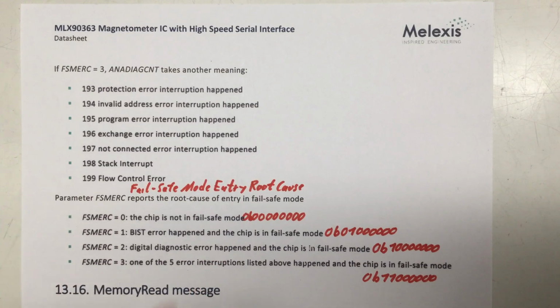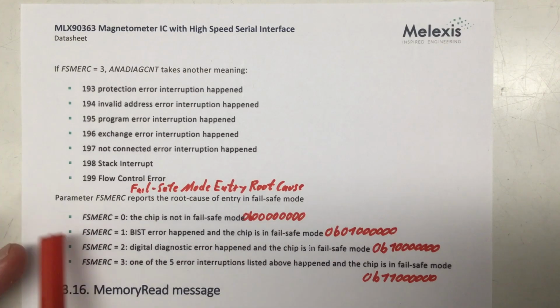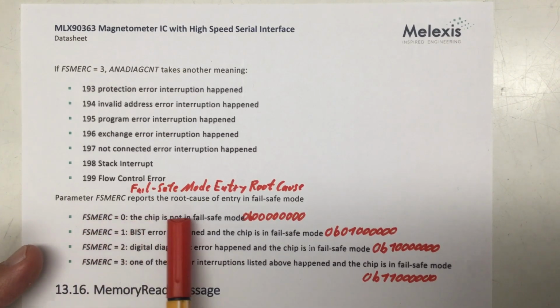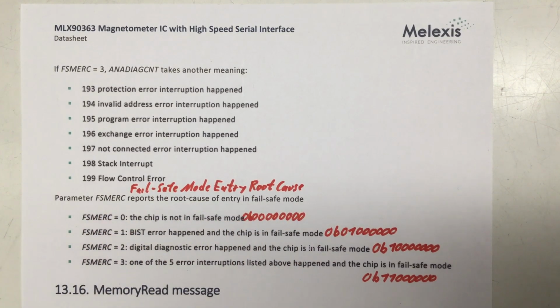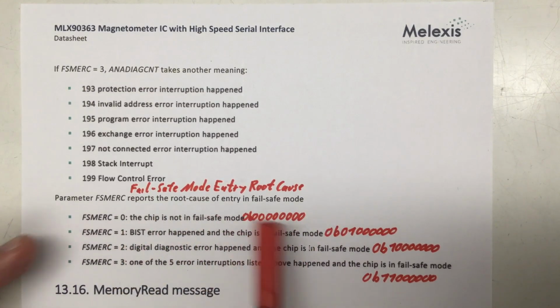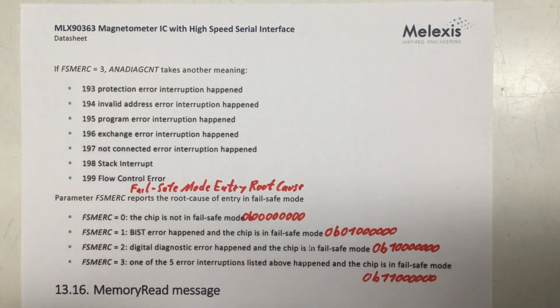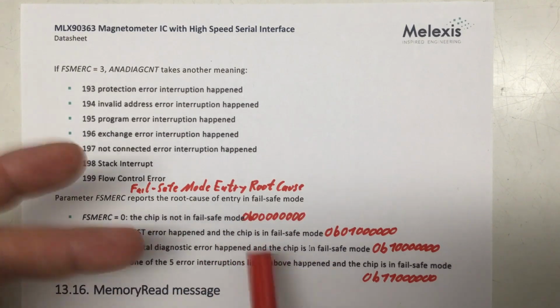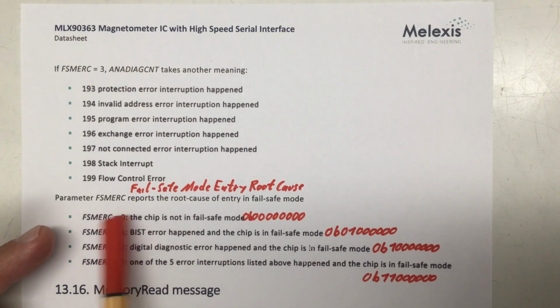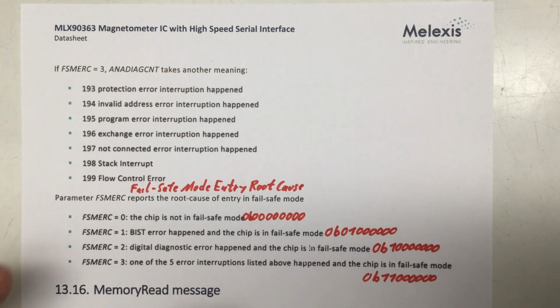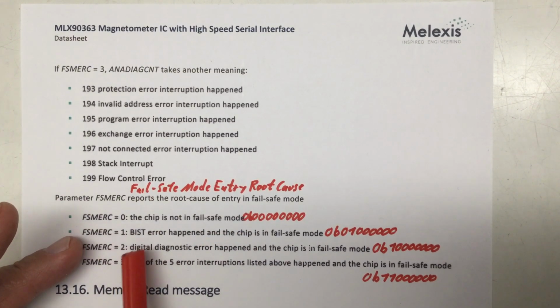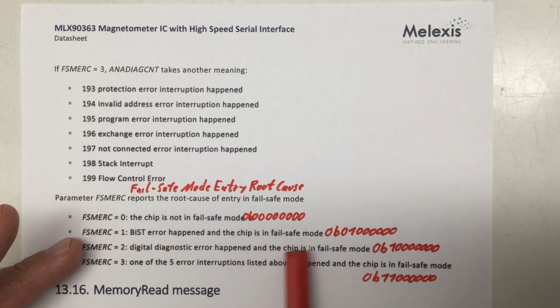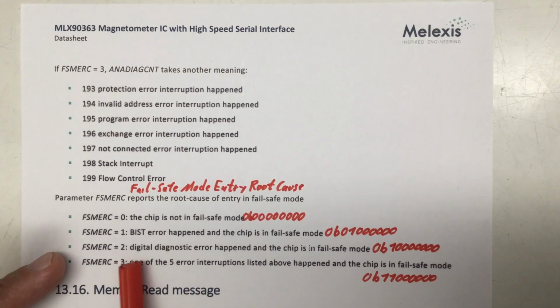Let's have a look now at the meaning of that 2-bit FSMerc field. So it says here, parameter FSMerc reports the root cause of entry in failsafe mode. And if you rearrange the words, FSMerc could actually stand for failsafe mode entry root cause. So I was wrong the first time. So 0 means the chip is not in failsafe mode. 1 means built-in self-test error happened and the chip is in failsafe mode. 2 means digital diagnostic error happened and the chip is in failsafe mode.